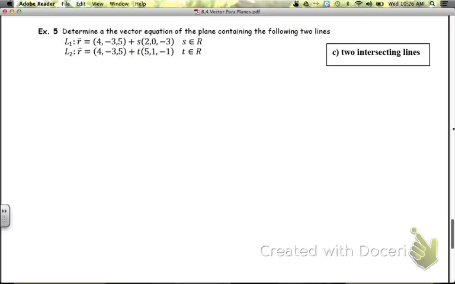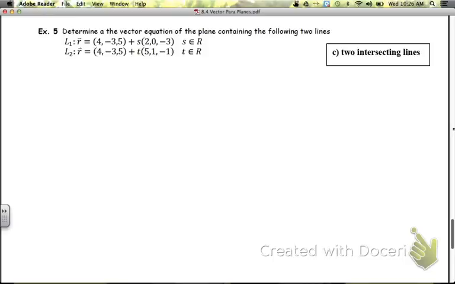And now in our last example here, we want to determine the vector equation of the plane containing the following two lines. So looking here, we have our two lines, where line 1 has r equal to (4, -3, 5) plus s times (2, 0, -3), and our line 2 where our vector r is equal to (4, -3, 5) plus t times (5, 1, -1).